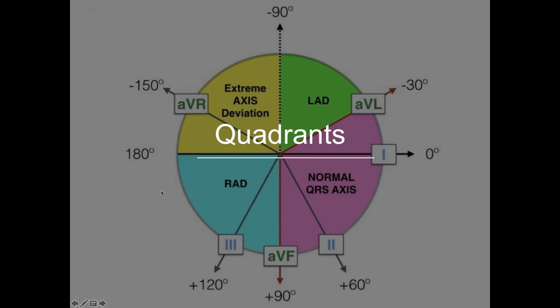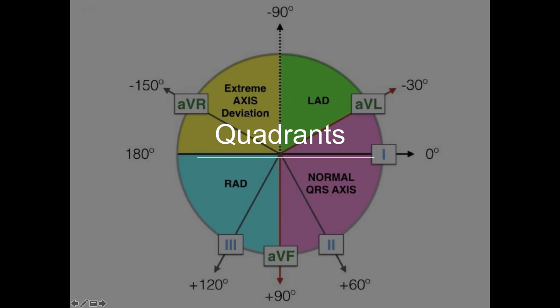So if the electricity is flowing in this general direction, remember these are just general directions. We've got right axis deviation going to the right side of the heart more than the left side of the heart, and we've got extreme right axis deviation or extreme axis deviation. So instead of the electricity flowing down and to the left in this normal axis quadrant, somehow, some way, it's flowing that way.